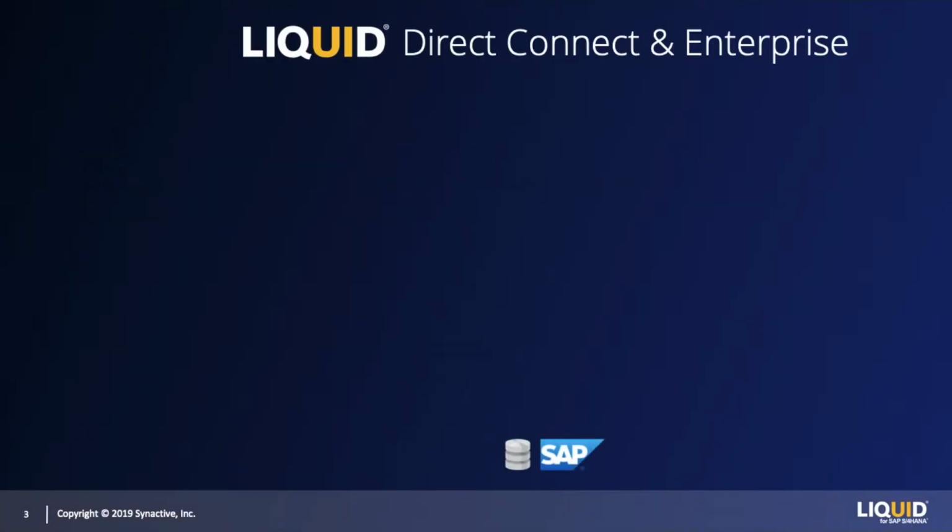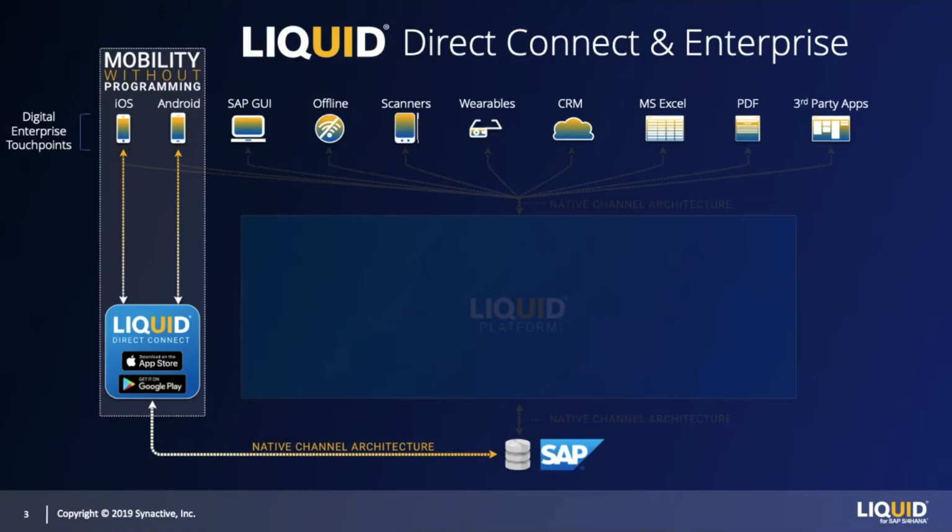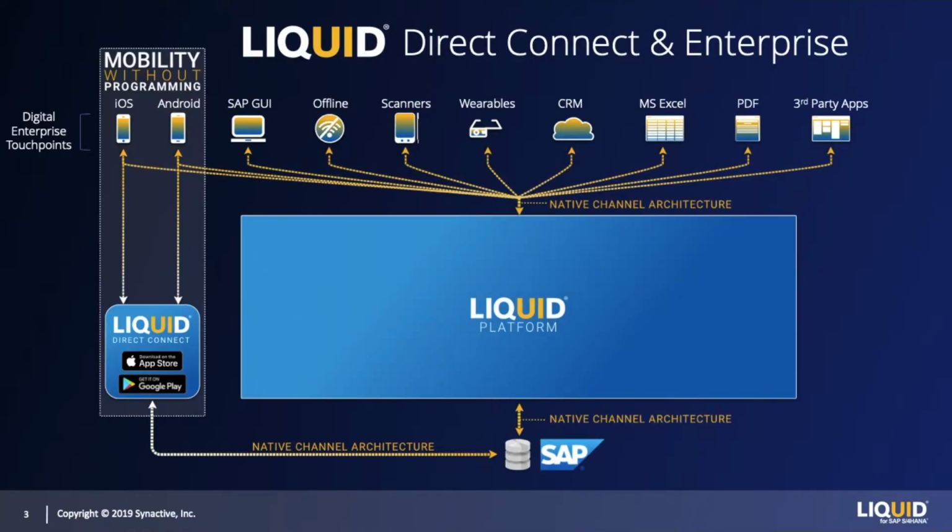So, what is Liquid UI? Liquid UI is a technology based on the principle that the SAP GUI remains a stable and vital component of any SAP ERP landscape, regardless of where you are in your digital transformation. And there's really 2 main flavors of Liquid UI technology: Direct Connect and Enterprise. We'll start with Direct Connect.